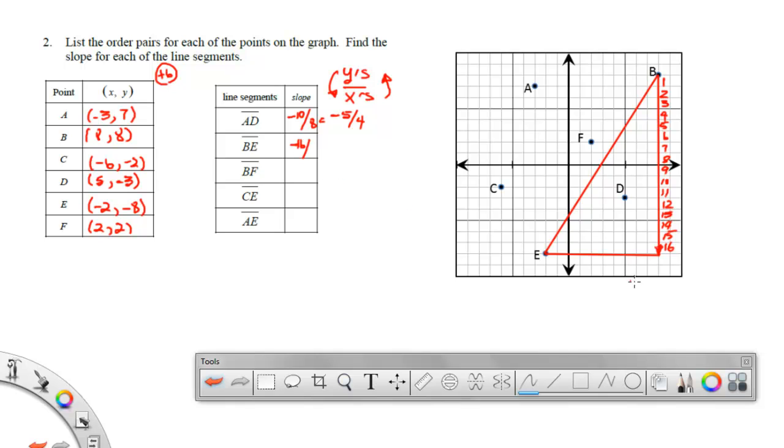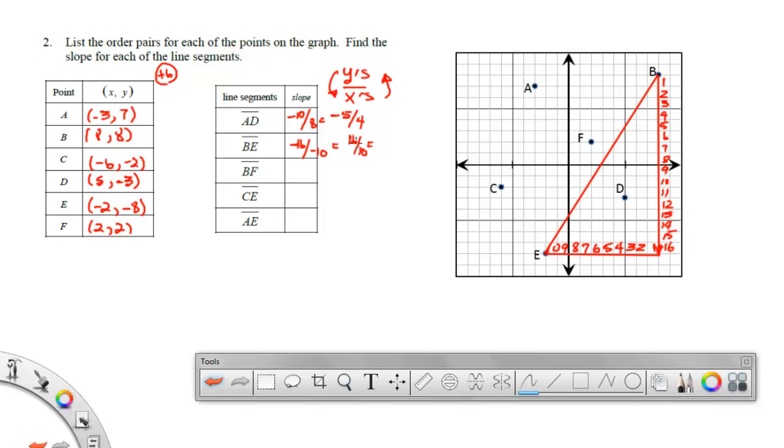Now from where I counted from B down, I'm going to count to the left, so that means another negative direction. So 1, 2, 3, 4, 5, 6, 7, 8, 9, 10. So that's a negative 10. Well, we know a negative divided by a negative is a positive, so that's 16 over 10.